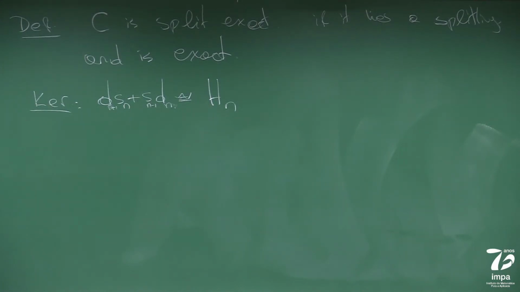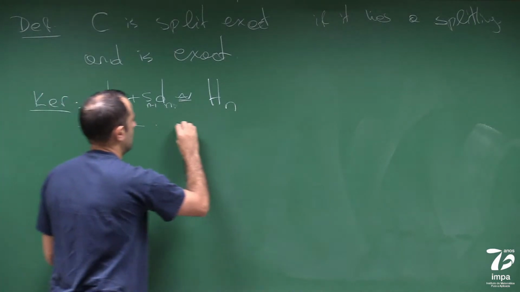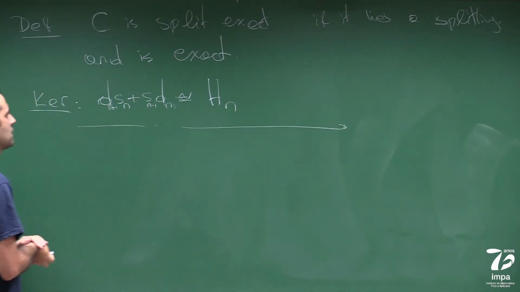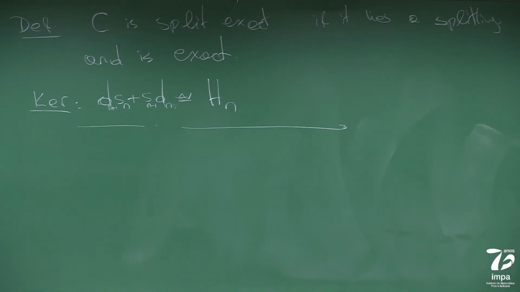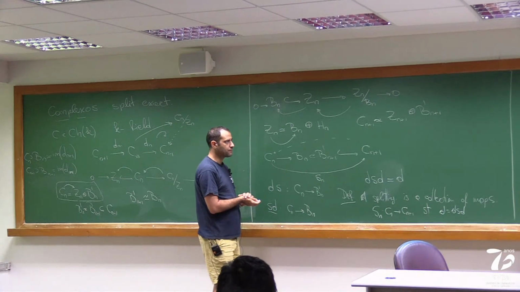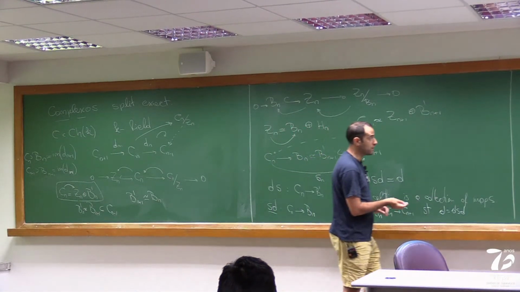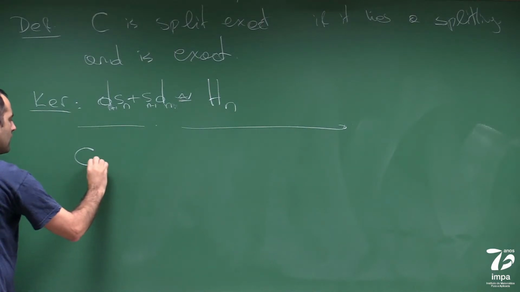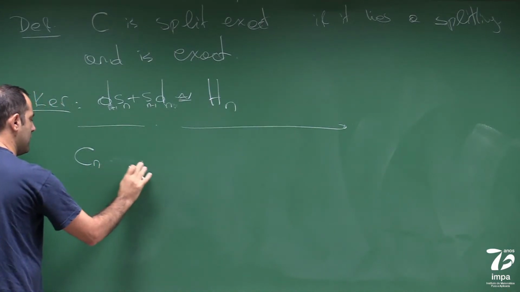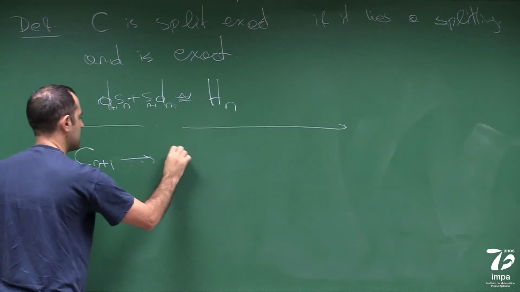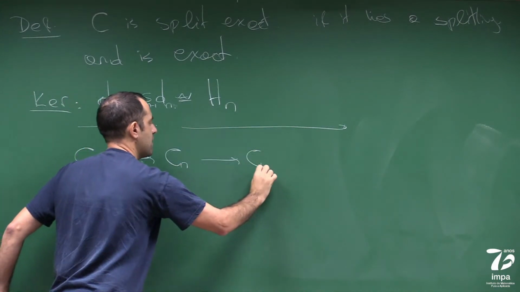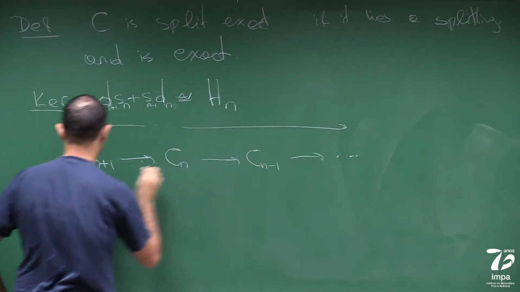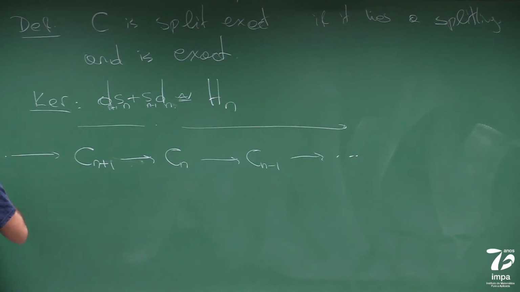Moreover, what we checked last time is this. So these S are maps from Cn to Cn plus 1. We can relax it a little bit, and we can do this for two different complexes. So let's say that we have two complexes. So we have Cn plus 1 mapping to Cn, mapping to Cn minus 1, as differentials.